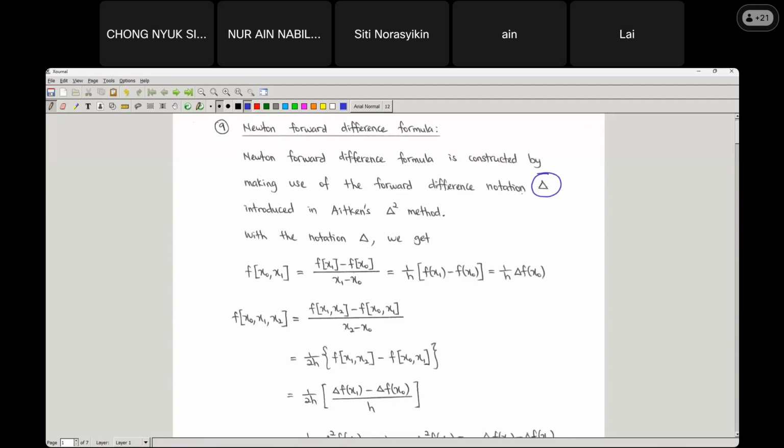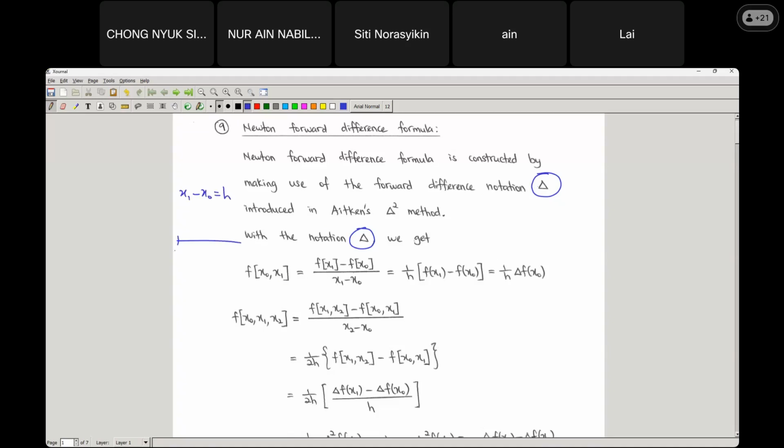You can use this notation introduced in the Aitken's triangle square method. I call this a triangle so that you can easily remember. So first, f[x0, x1], we know this is the formula, right? The difference x1 minus x0 is equivalent to the step size.